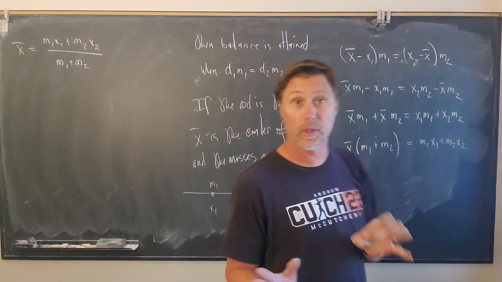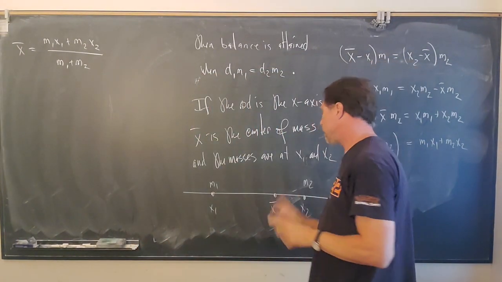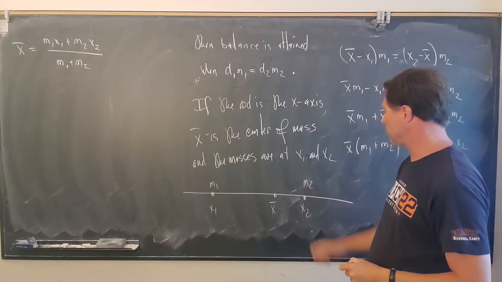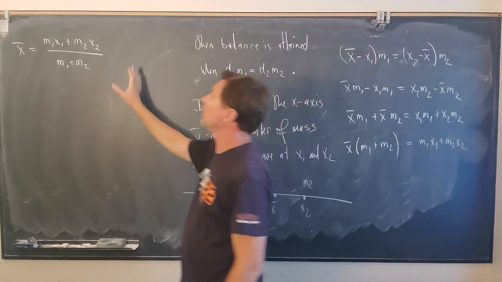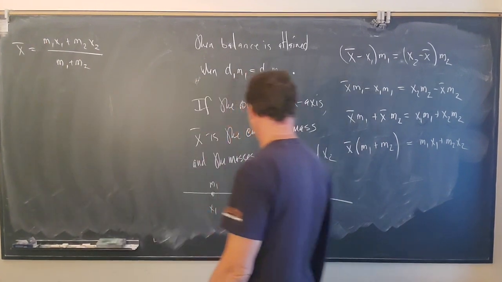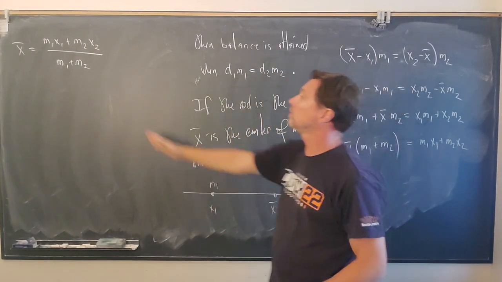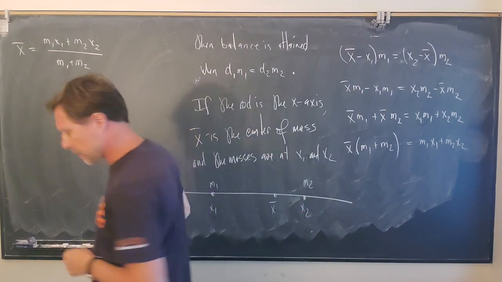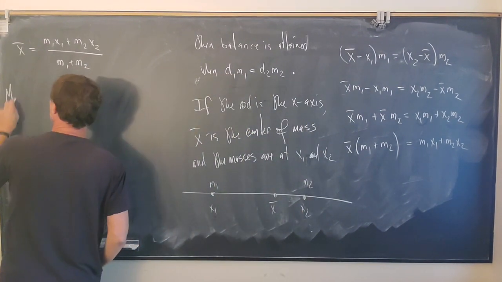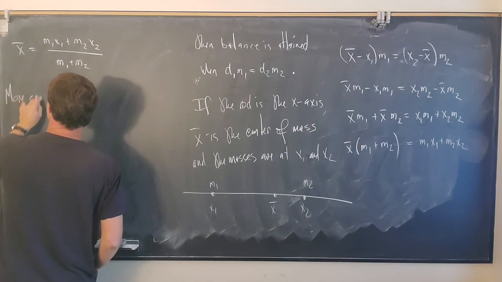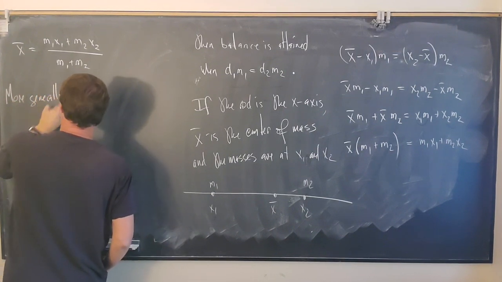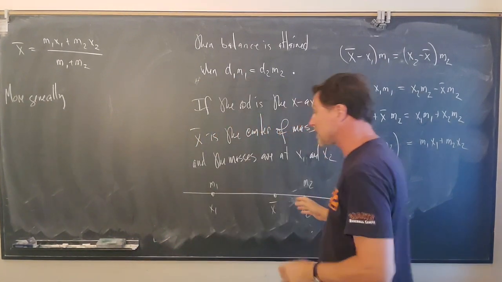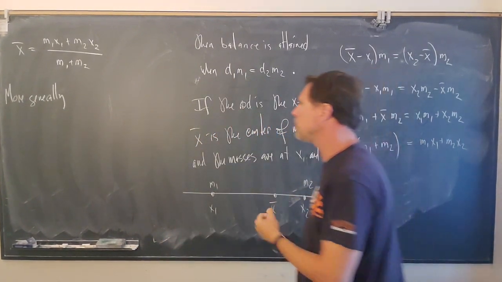So what this formula does for us is it says, if you take your mass 1 and put it at x1, your mass 2 and put it at x2, this formula tells you exactly where to put x bar. It tells you what number x bar is going to be. And now you can generalize this. So more generally, if instead of just two masses, you want to put a bunch of masses, you can generalize this formula.